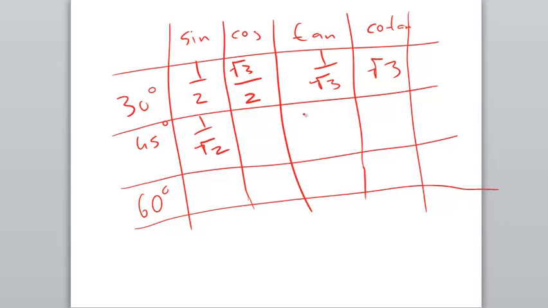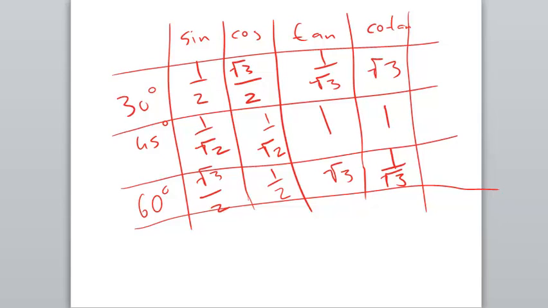Cosine 45 was 1 over root 2 again, and tangent 45 was 1 and cotangent was 1. Sine 60 was root 3 over 2, and cosine 60 was 1 over 2. Tangent 60 was root 3. Cotangent was the opposite, so it was 1 over root 3. So this is a table. This is how it looks after we finish it.